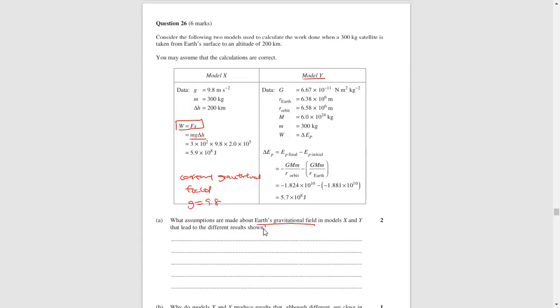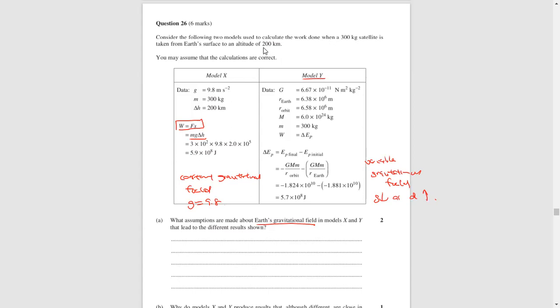In model Y, they've basically used a variable gravitational field. In other words, g goes down as d goes up. And that's basically the difference that leads to the different results shown. And you can see that this gives you a 5.7 and this gives you a 5.9, which is probably not a huge difference in the grand scheme of things, perhaps.